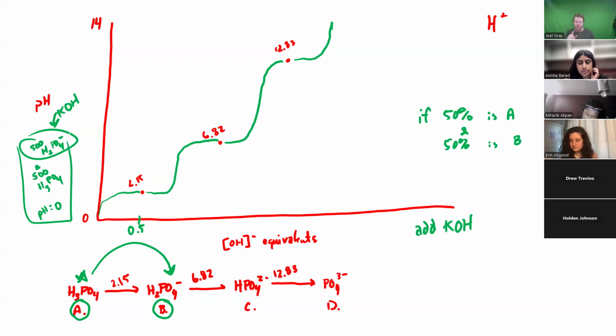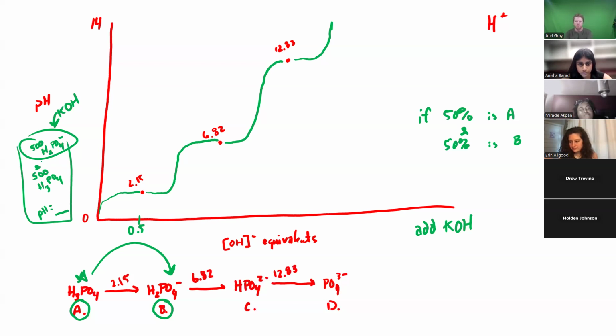My question for you guys is, my pH is no longer 0 because I've added base. So what is my pH where half of them are H2PO4 minus and half of them are H3PO4? I'll give you a little spoiler.